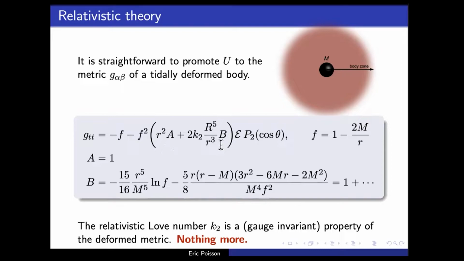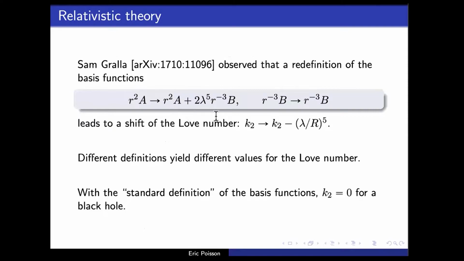But what Sam pointed out is that the property of growing is not going to be spoiled if you add a little bit of the B into the A. So if you make a redefinition of your basis functions and add a little bit of B into the A, you're not changing the fact that you're still dealing with a growing solution.